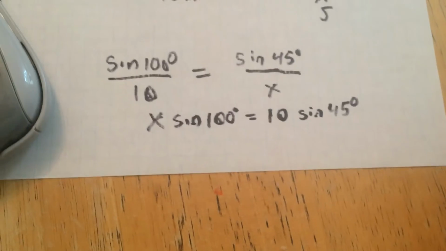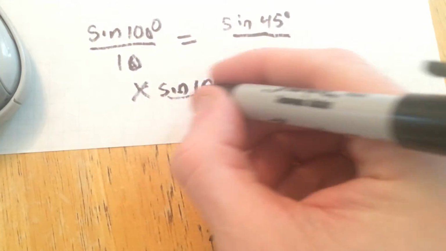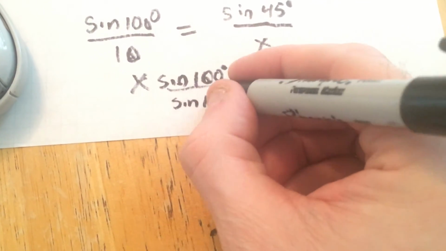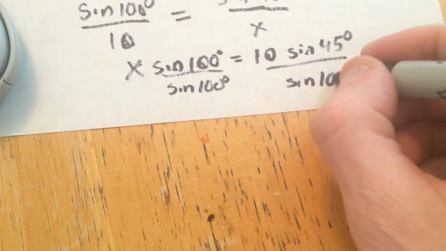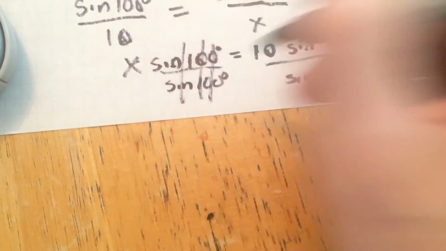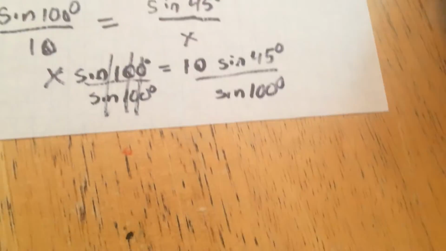Okay, solving for x, we want to divide by the sine of 100. So we would get x is equal to this quantity, which we're going to enter into our calculator.